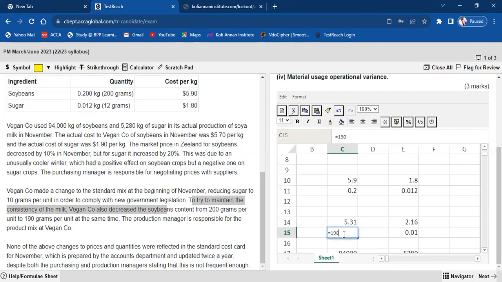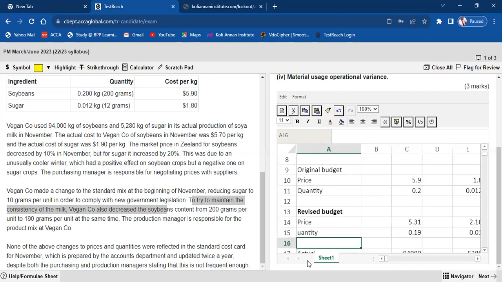And 190 grams as a fraction of a kilogram is 0.19 kilogram. Do you know what I'm trying to do? All I'm trying to do is put together the numbers I need to get my variances in line 1, line 2, line 3, I'm putting them into one place for myself. And that may not necessarily be what you will do. But if you practice, what you must do will come to you.